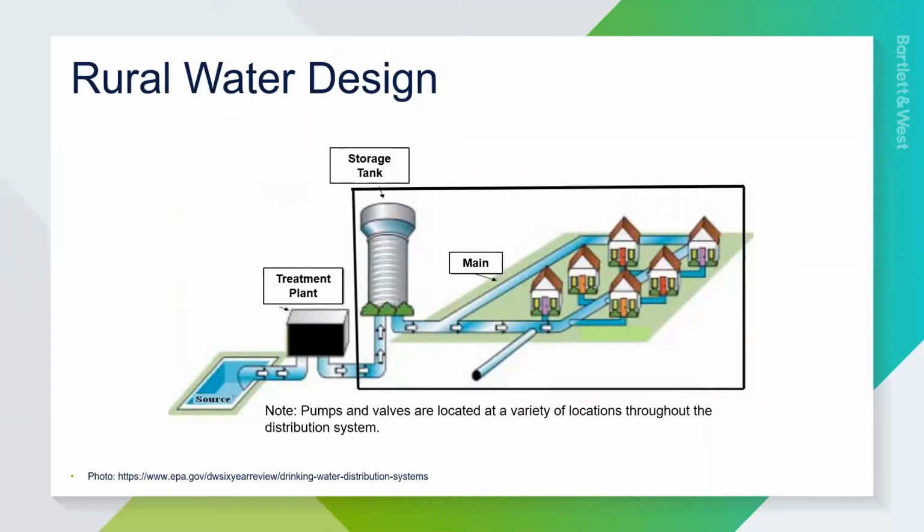And that is primarily located downstream of the storage reservoirs where the residences are located on the system. Everything prior to the storage tank is typically sized as a transmission main or a transmission pipeline and is relative to the daily peak demand, not the instantaneous peak demand.